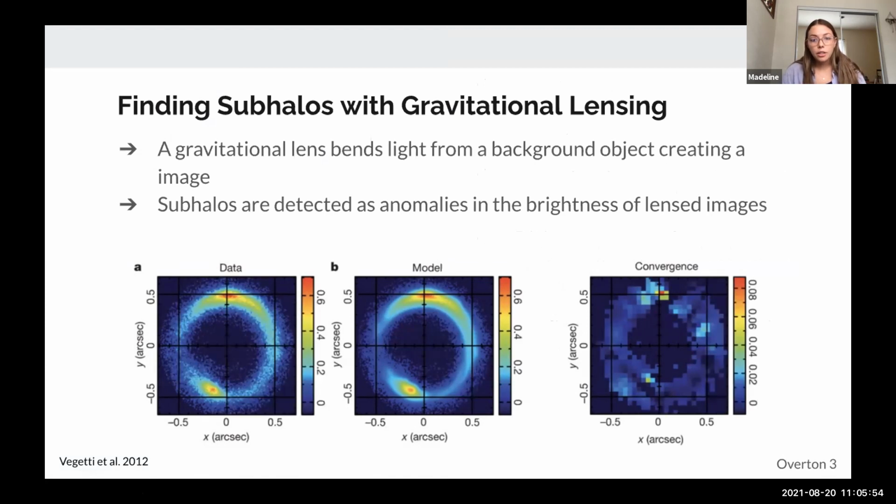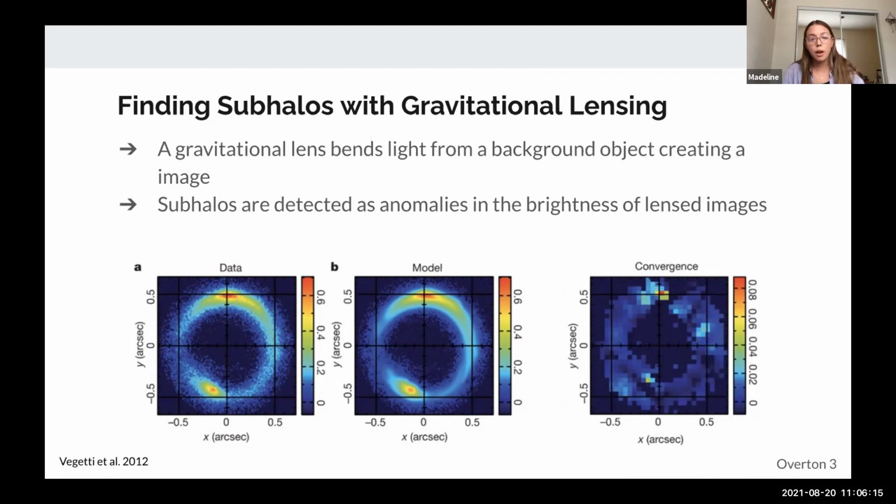One such observation that we can indirectly detect dark matter with is strong lensing. And so the way that this works is represented by these images below. So first, we need to find an image that is being lensed by a dark matter halo.